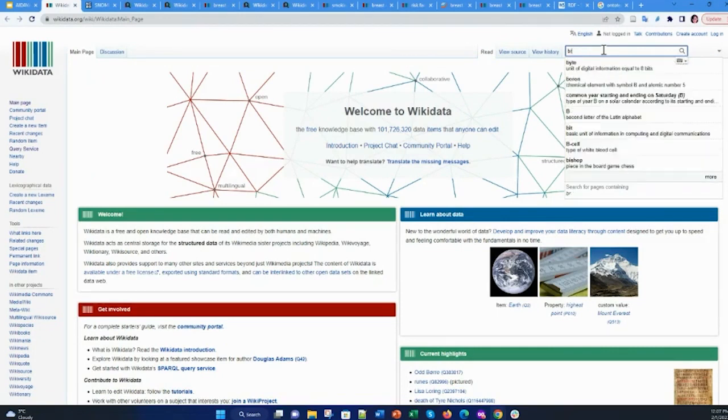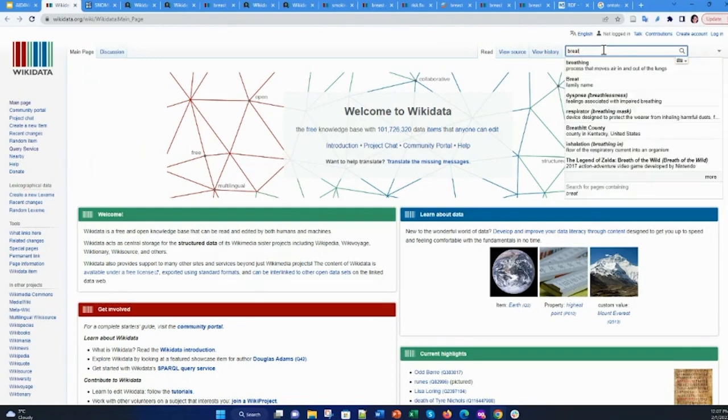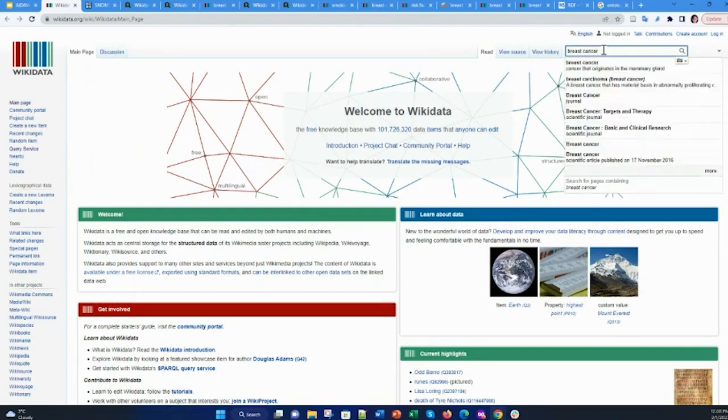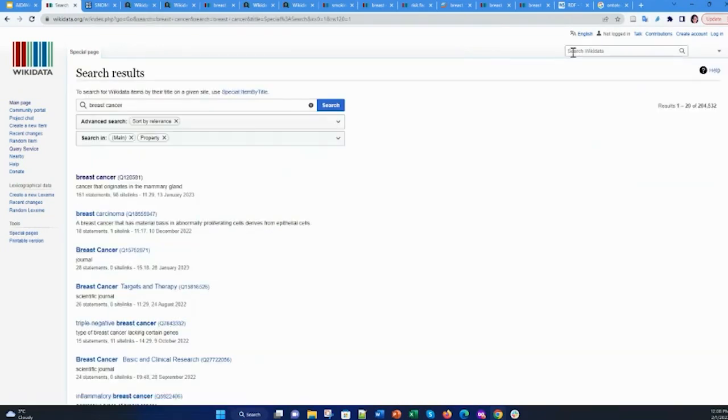For instance, let's here type breast cancer and see what kind of information we can find in Wikidata.